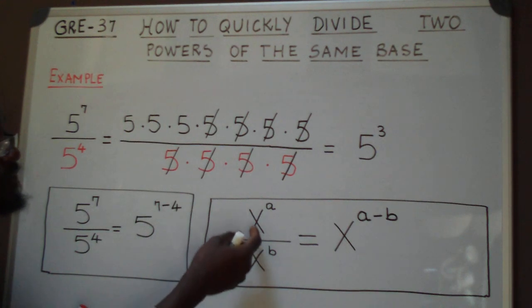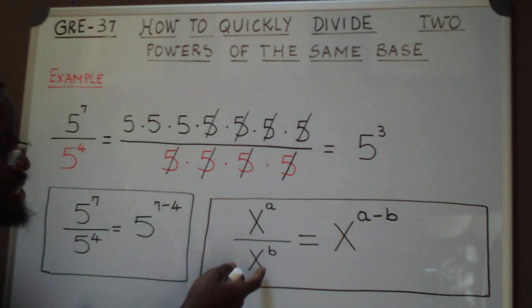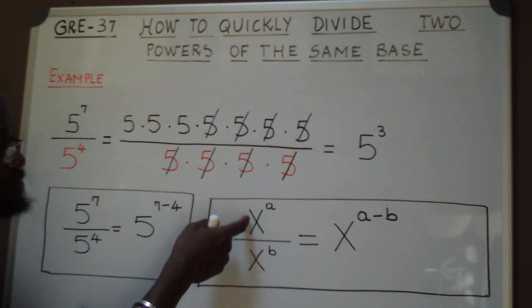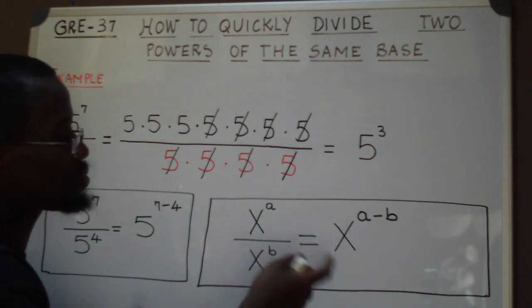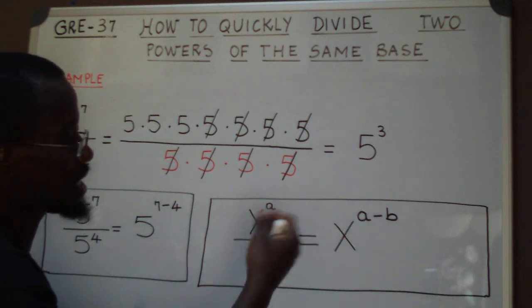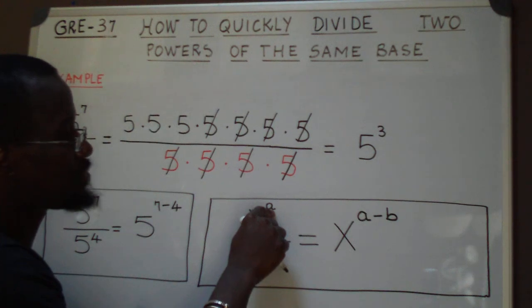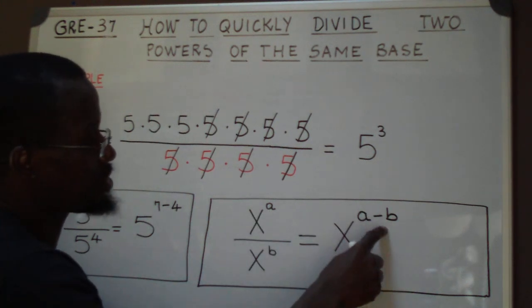When you divide a power of x by another power of x, provided that the base x is different from 0, then the answer is always obtained by writing the common base x and raising it to the exponent of the numerator minus that of the denominator.